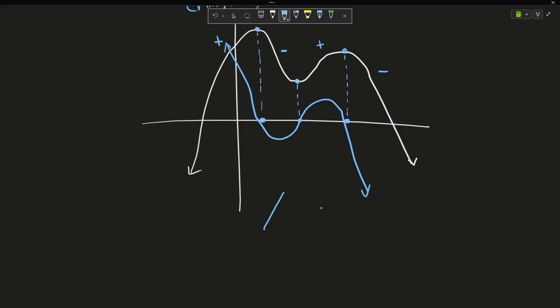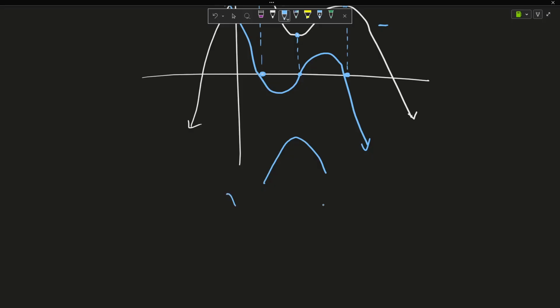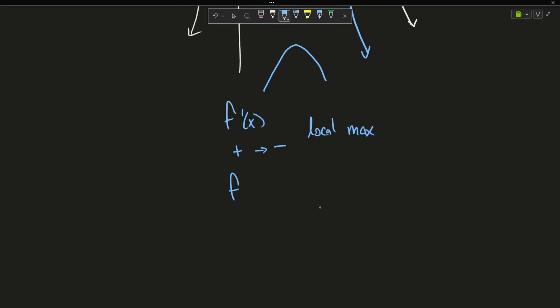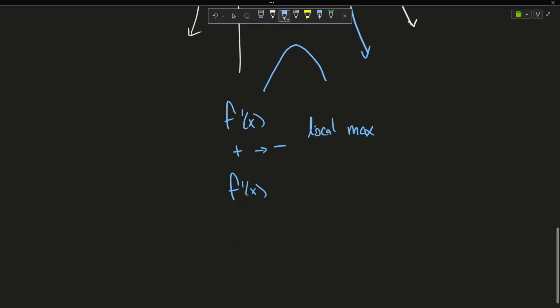So if my f prime of x goes from positive to negative, that means this is a local max, because I'm increasing then decreasing. If my derivative is the other way, from negative to positive, that means I'm decreasing and then increasing. So you go from negative to positive. This is a local min.